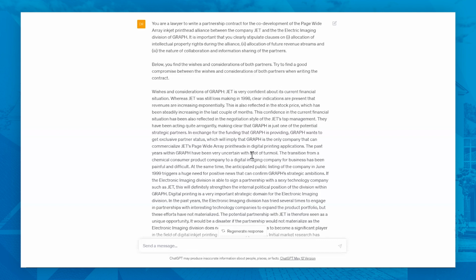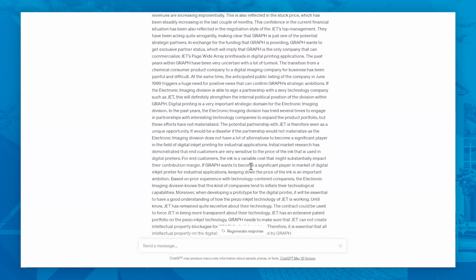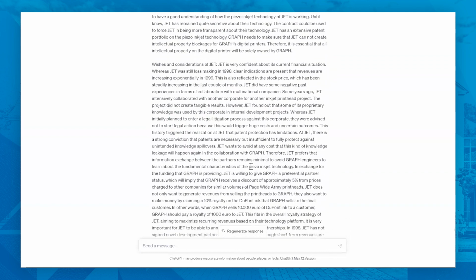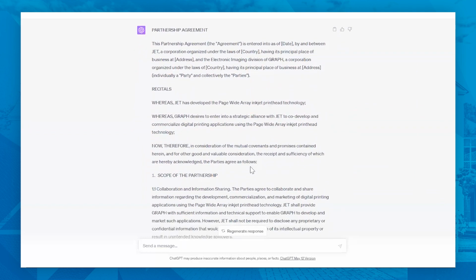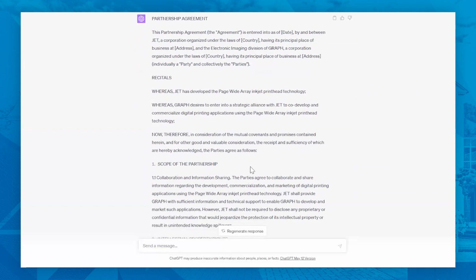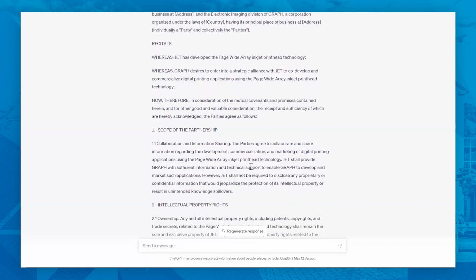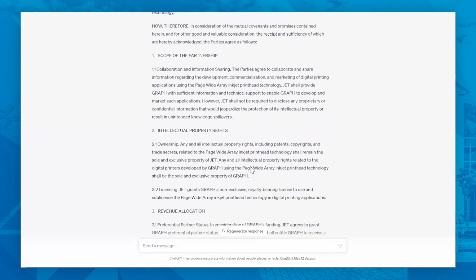So let me show you what ChatGPT then subsequently created. So this was all kinds of inputs. So you see, it really uses the template of a traditional contract, where it first gives some kind of general information and what will be the scope of the partnership.